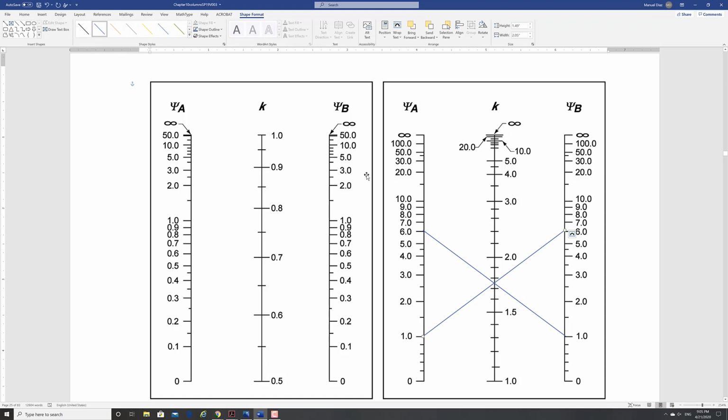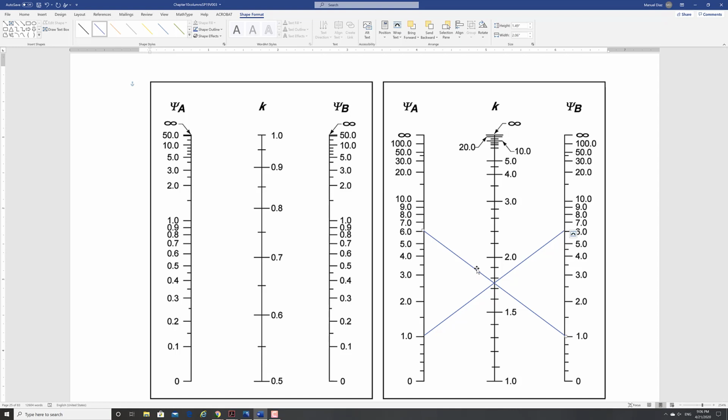Same answer, right? So that's why it doesn't matter which one is A and which one is B. You just have to have one of the joints A, the other joint B. So this explains why it does not matter how to pick A or B.